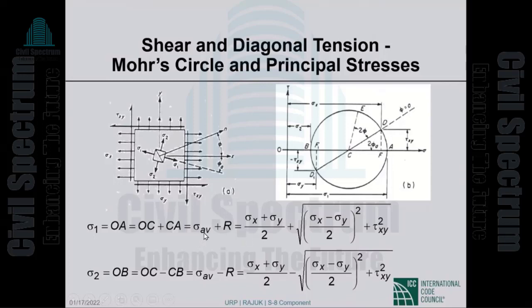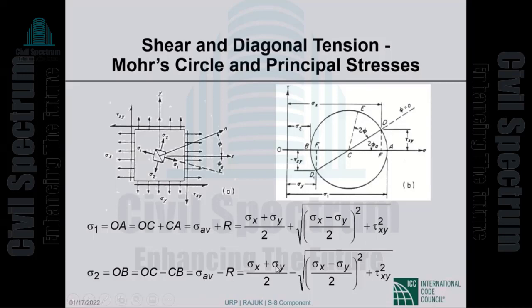OC is sigma average and CA is the radius of the circle, which is equal to that. So the first principal stress sigma 1 is given by this expression. The second principal stress sigma 2, which is the distance O to B, is sigma average, the distance O to C, minus the distance CB, which is the radius, and that is then given by this expression.